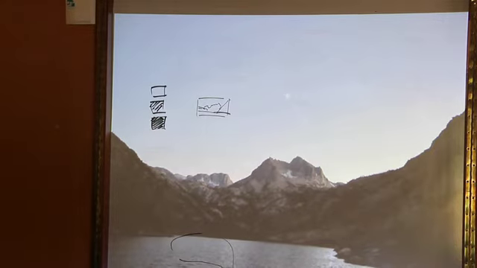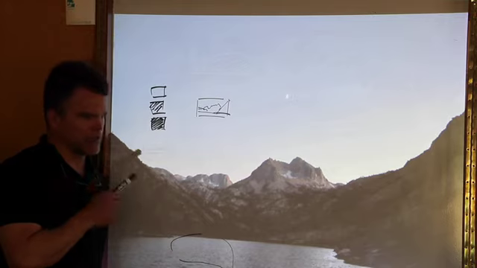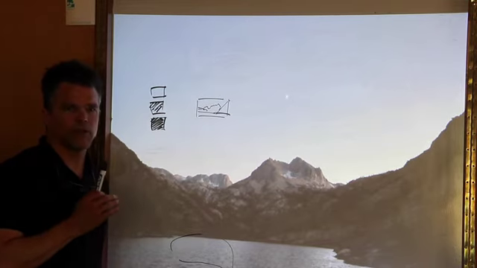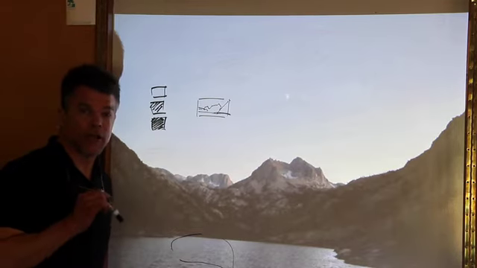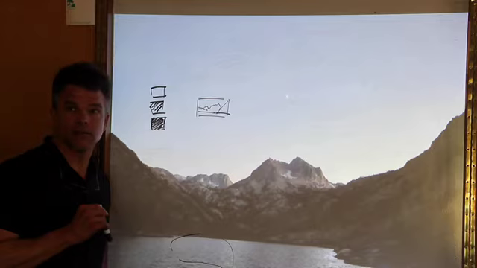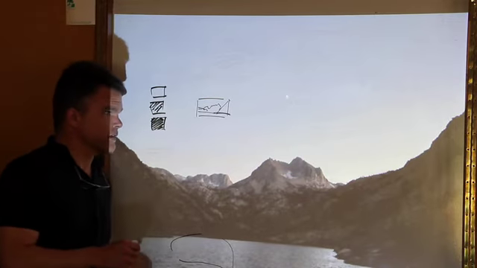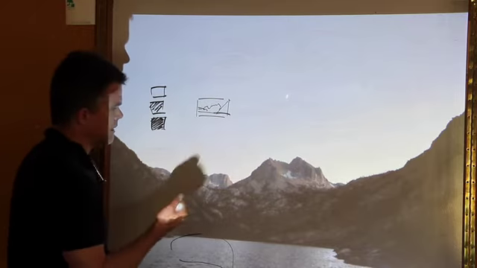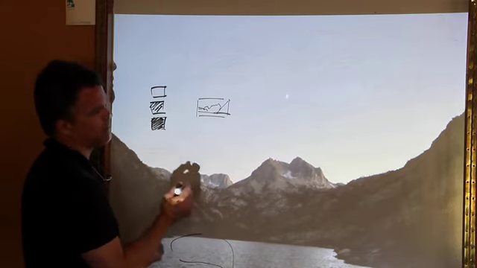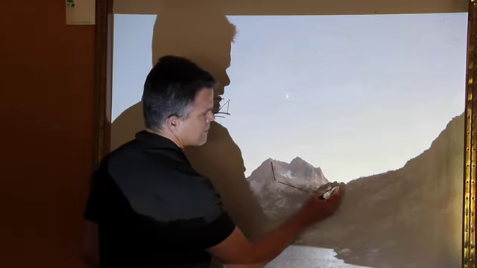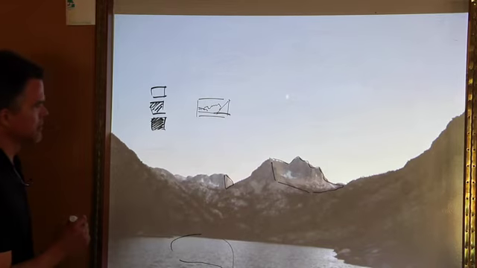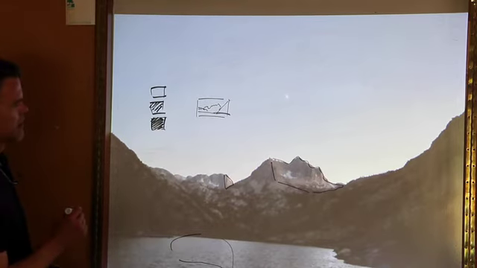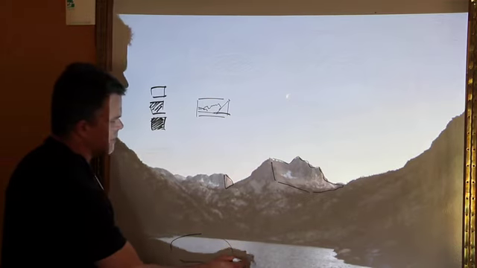The nice thing about keeping your value range simple is that it forces you to make real decisions of where am I going to put that gray. You end up really looking at it. For me, what I might do is this zone here, and that might be my light gray. And that my light gray.